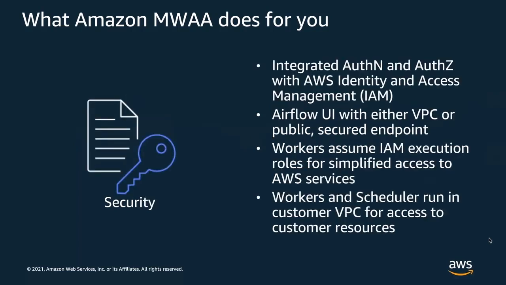Security, I mentioned earlier that security is a major focus for us here at AWS. It's no different with a product like MWAA. And so there's a number of things that are built in here. It's integrated across AWS's Identity and Access Management Service, IAM, for both AuthN and AuthZ components. So what does this mean? It means that for the users that want to access the cluster, or configure a cluster, or launch a cluster, or access the data for the cluster, you have really fine-grained controls for how they can do that.